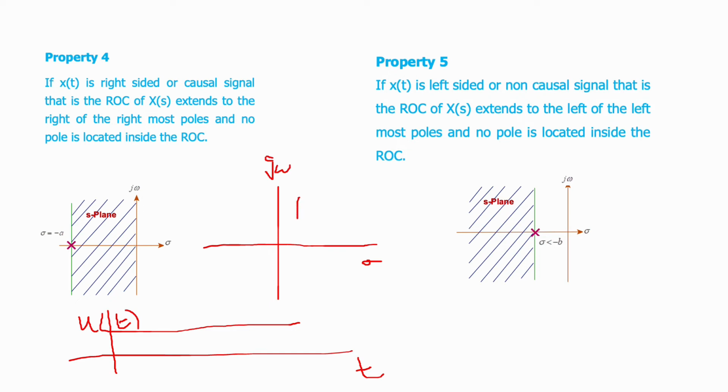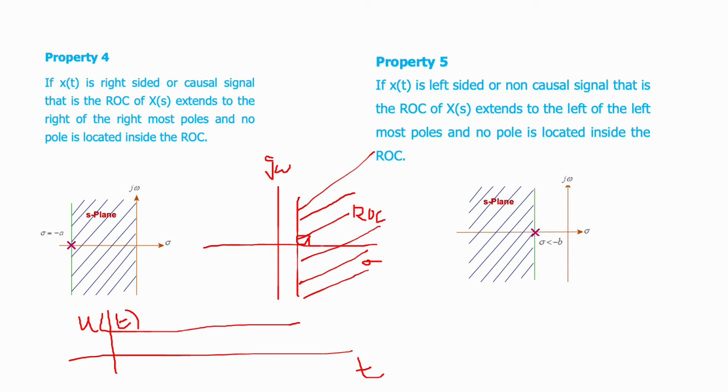If you take it, you will get this part. This is a, you take it as plus a. This is the portion of the ROC, the region of convergence. So the pole may be either plus or minus, but the ROC always lies on its right side. This is called the region of convergence.